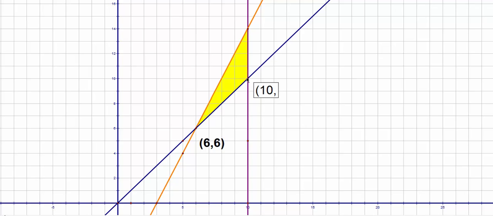I can read it from the graph, or I can simply do this. Remember, this is the blue line, y equals x, so this will be 10, 10. That's my other corner point.